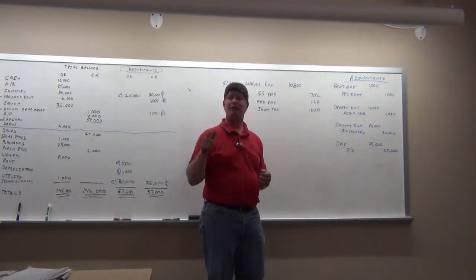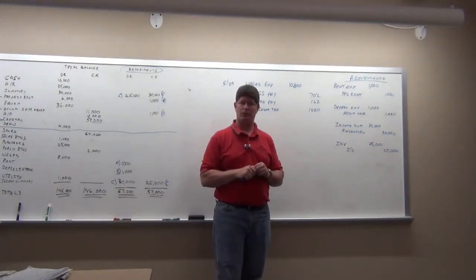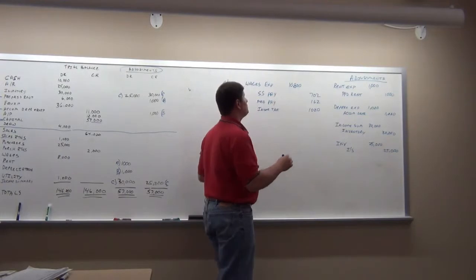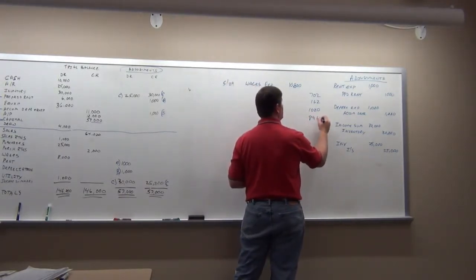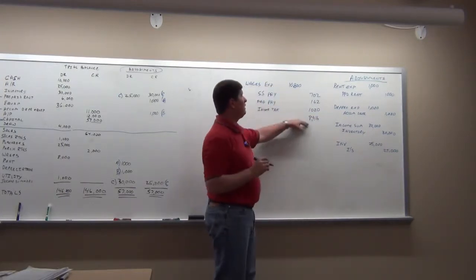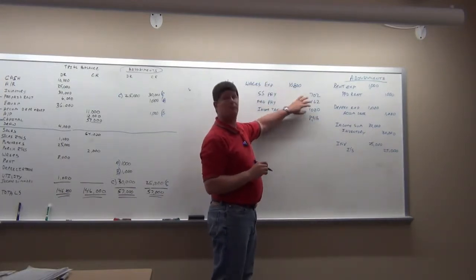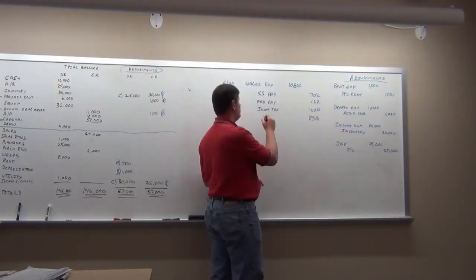Are we paying the payroll to the employees today? No. So how much was it again? $8,916. I'm betting that if you add this up, we're in balance. What account does that get posted to?